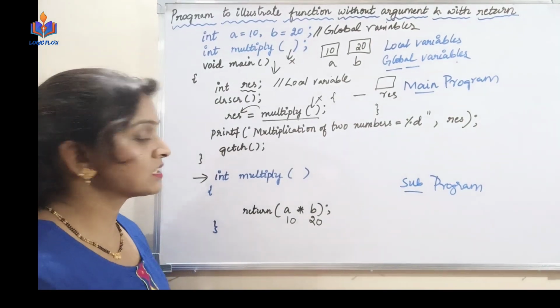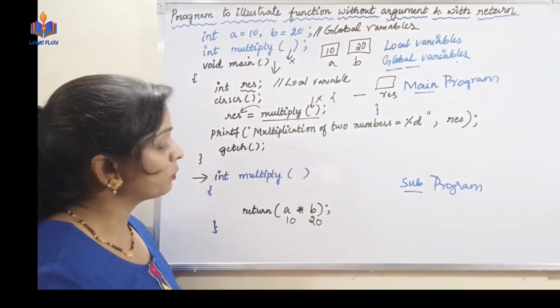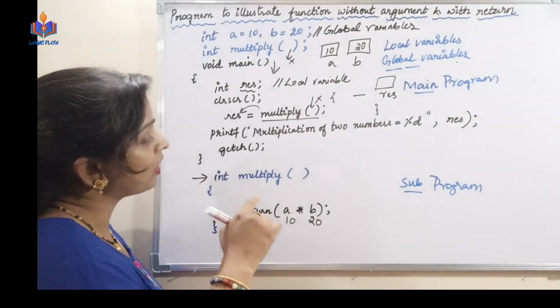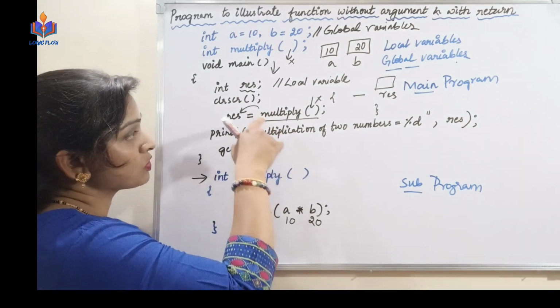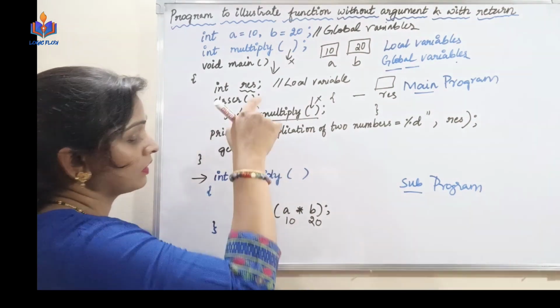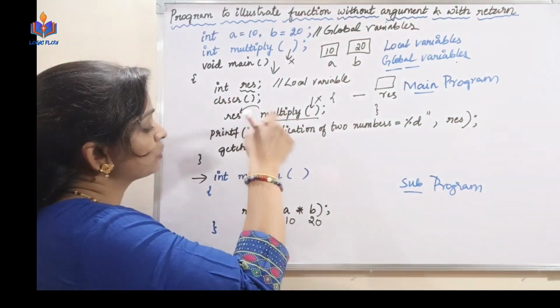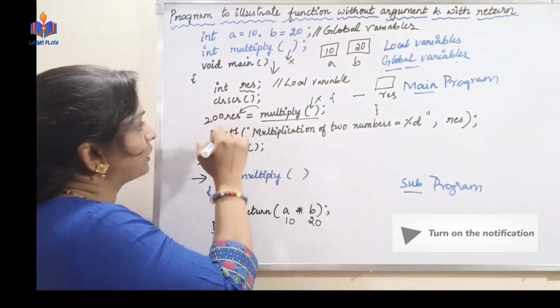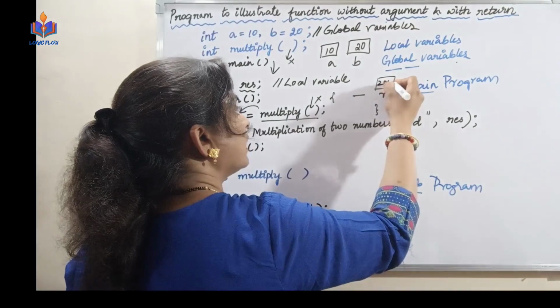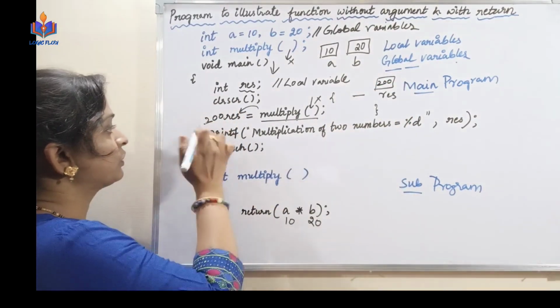So it is 10 into 20, which is 200. Return to the place where the function was called. Res is going to get 200. Then control is back to this place.